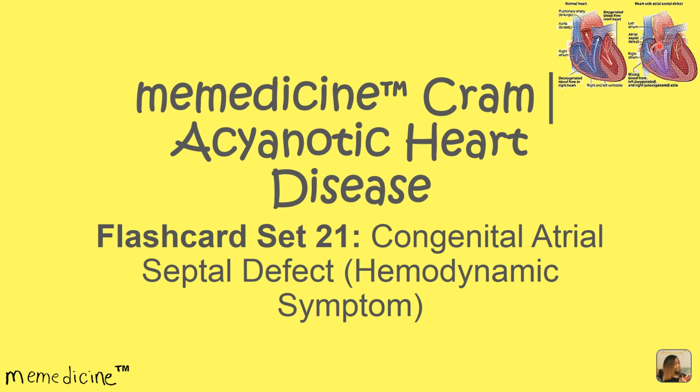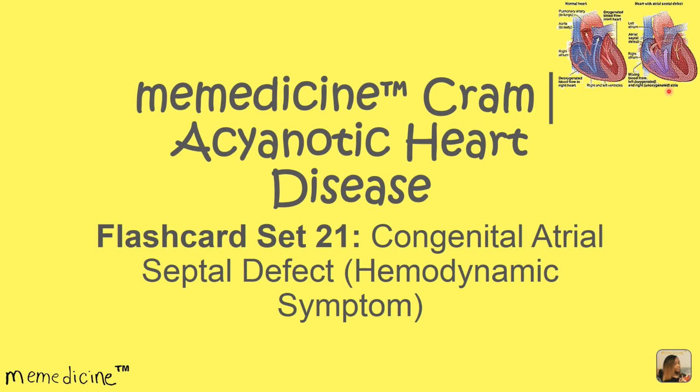Just listen to what I'm saying. When there's a hole in the atria, as right here, some of the oxygenated blood that's returned from the lungs and is about to be sent through the aorta to the rest of the body is shunted back to the right atrium and mixes with the deoxygenated blood.